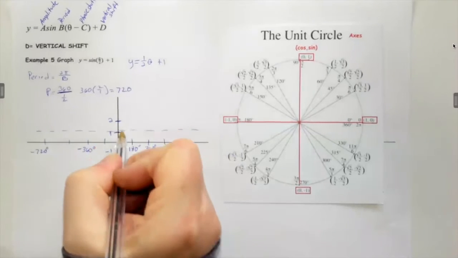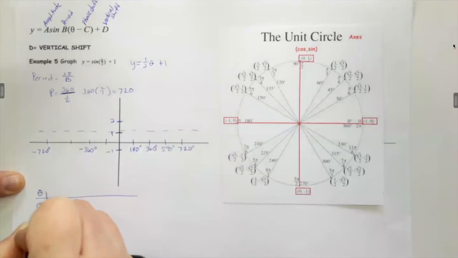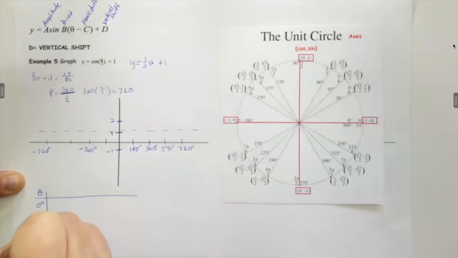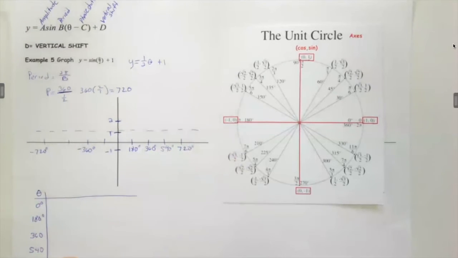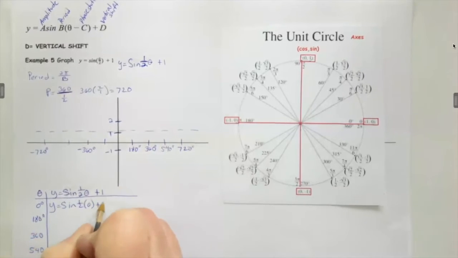We'll be up at 2 and down to 0. The angles that we're using are 0 degrees, 180, 360, 540, 720.